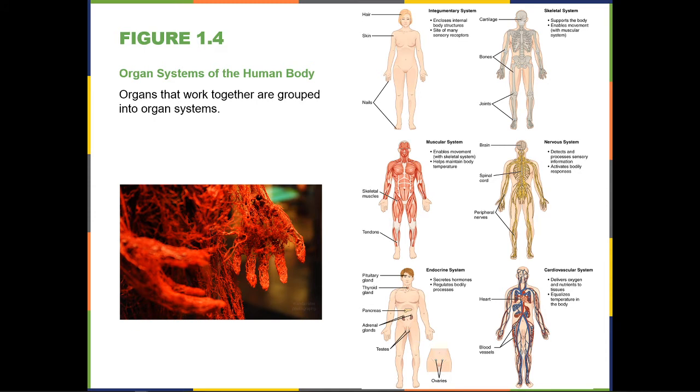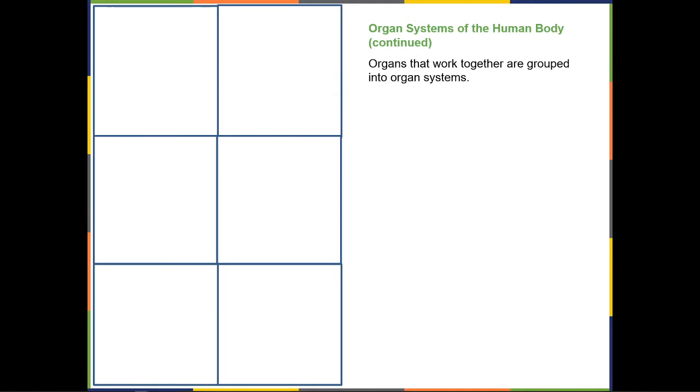It also has a function in your immune system. So when we look at certain blood cells within there, we'll talk a little bit about that. But the whole point of this system is to get that blood to circulate through all parts of your body so all cells can have use of it.